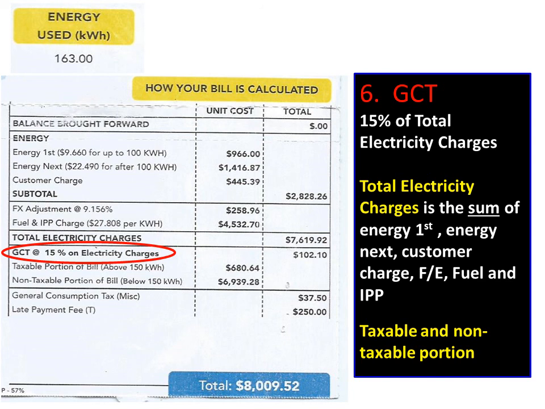Don't forget GCT. These are all that we're going to consider for this lesson to calculate your JPS bill. And so we find that the bill amounted to $8,009.52.